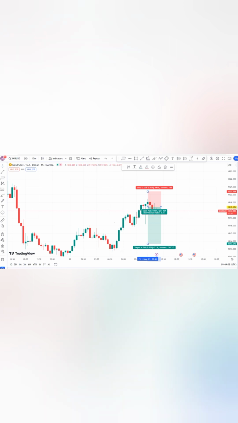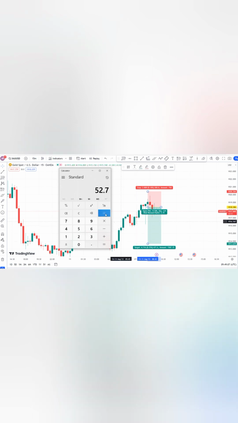We have 1918.386, but we are taking our pip calculation from the first decimal place, so it's going to be 19183 because 3 is the first decimal place.